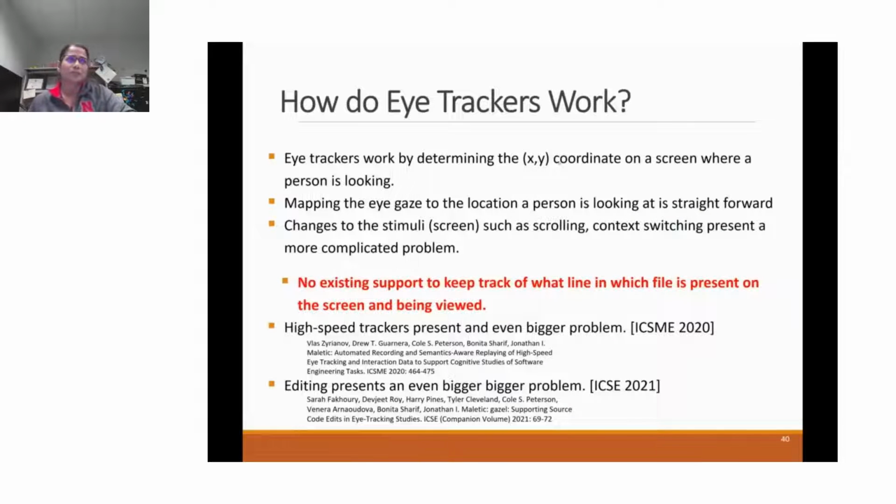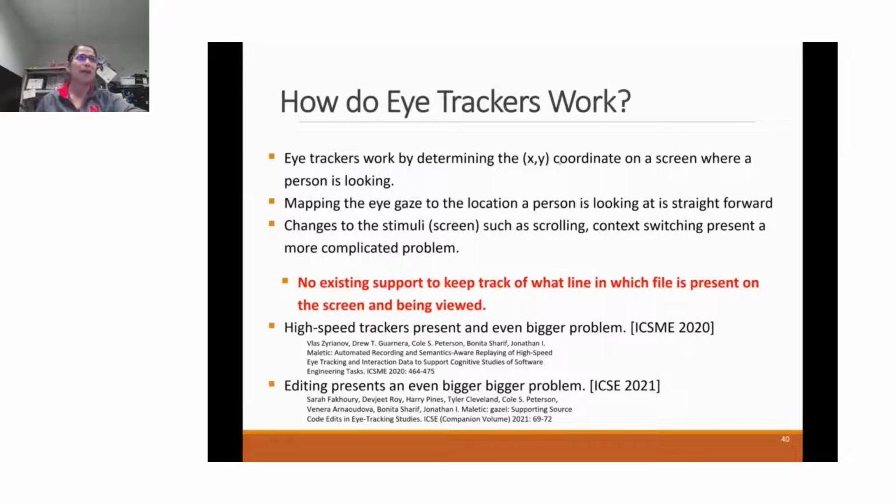So what we did was we basically tried to figure out a way to implement this and incorporate it within the integrated development environment. There was no existing support, no vendor support either, to keep track of what line and which file was present on the screen once you scroll.